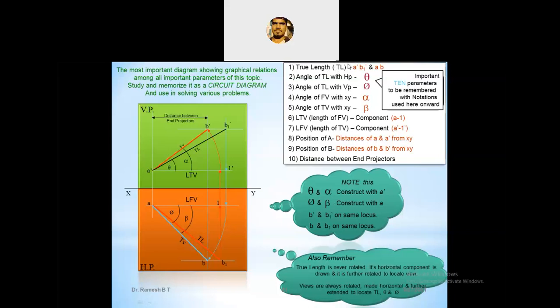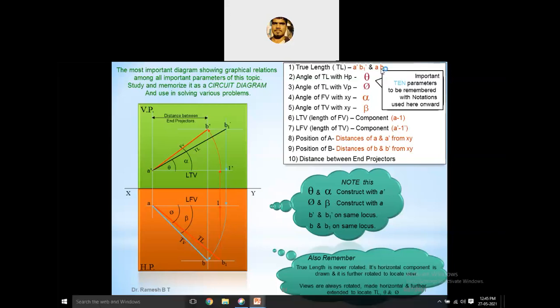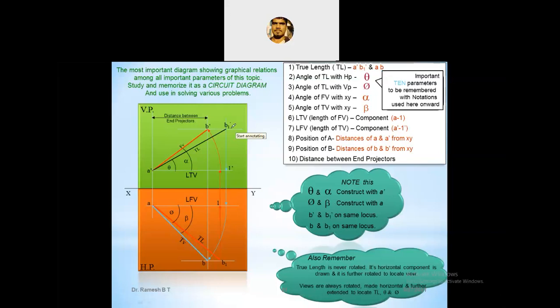In this problem, A dash B1 dash and A B1 are the true length, and the true inclinations are theta in the VP and phi in the HP, and alpha and beta in the other plane. The A dash B dash and AB are the apparent lengths, the front view and top view.